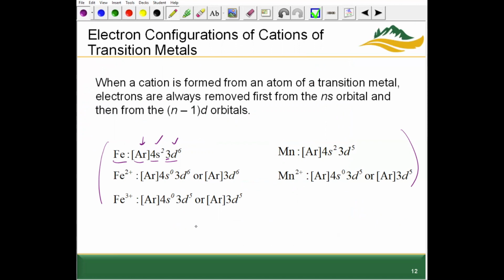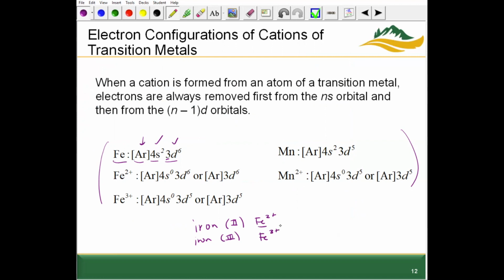Going back to naming, we know we can either have iron 2 or iron 3. Iron 2 means it's Fe2+ form. It lost 2 electrons. Iron 3 is Fe3+. That lost 3 electrons.